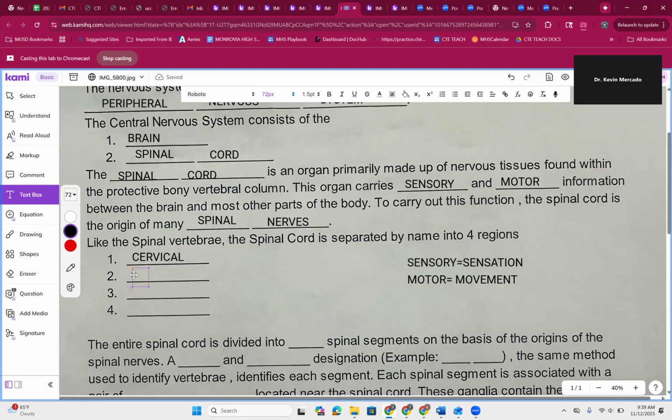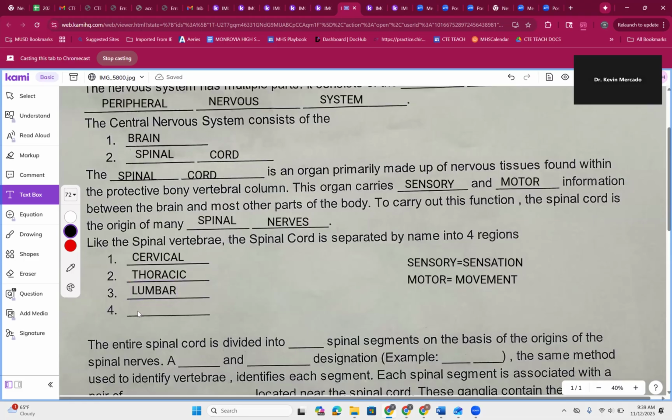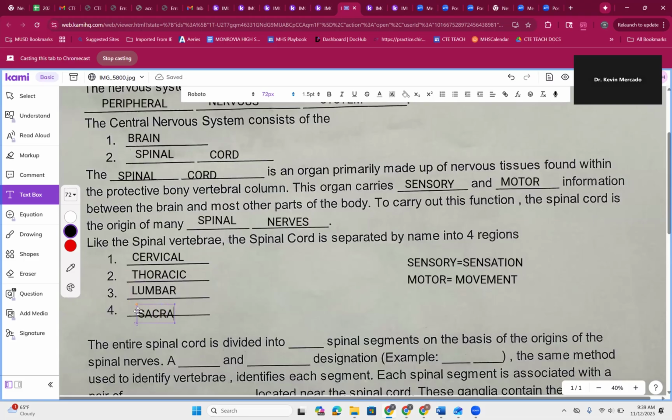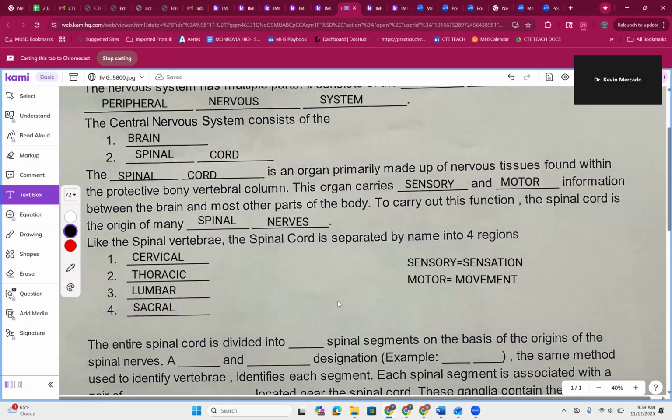You also have it for the spinal cord: cervical, thoracic, lumbar, and sacral. So there are 4 regions.